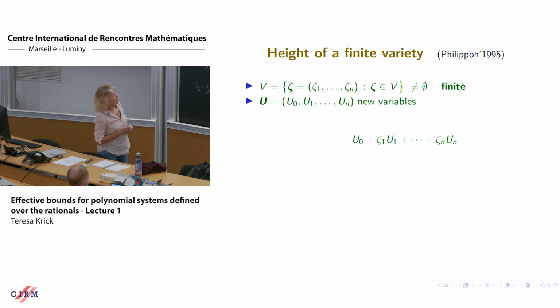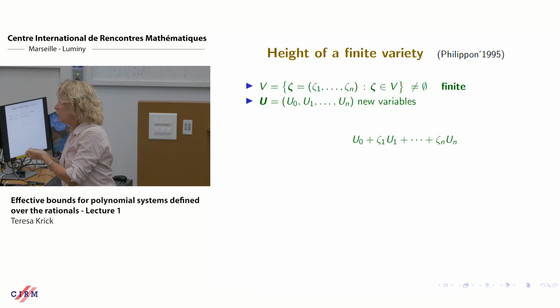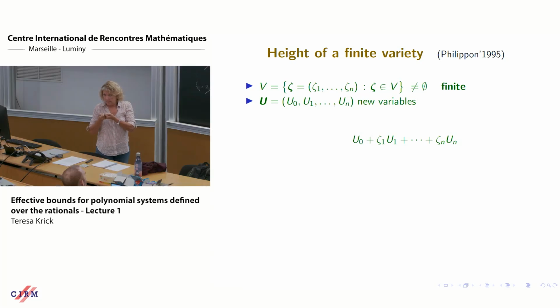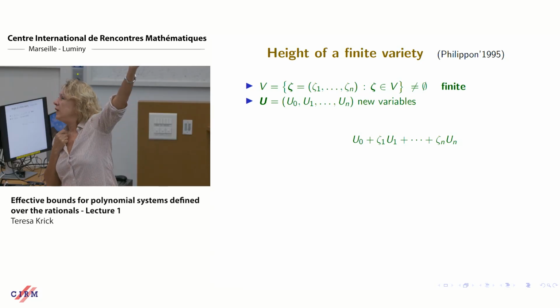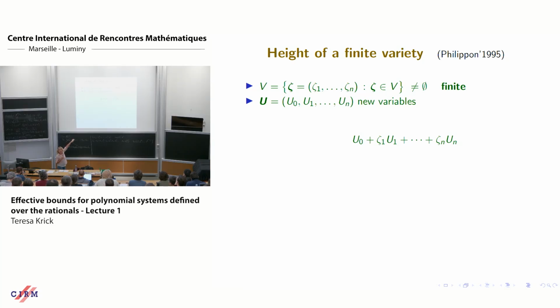So what does that mean? That means that if I specialize u0, u1, un into values, if I look at this as an equation, let me tell it differently. Imagine that this is an equation. This is a linear equation. When does it vanish?